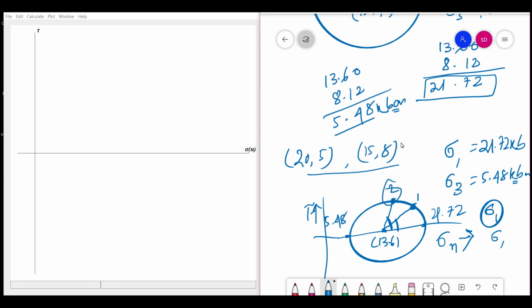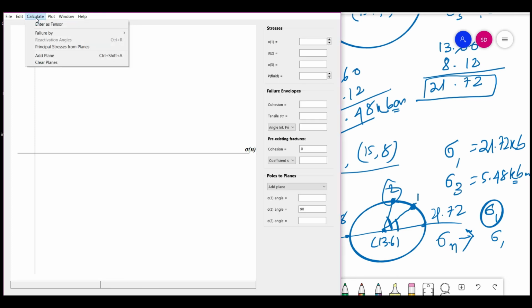Now we will check our answers from the software. We are getting sigma 1 at 21.72 and sigma 3 at 5.48. From the program, calculate principal stresses from planes.